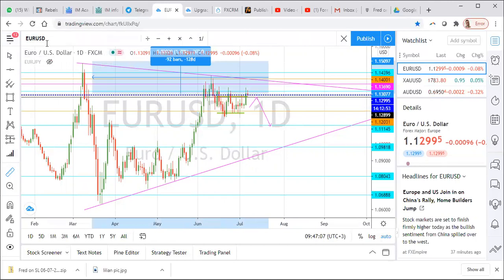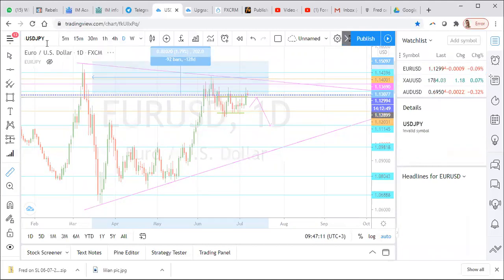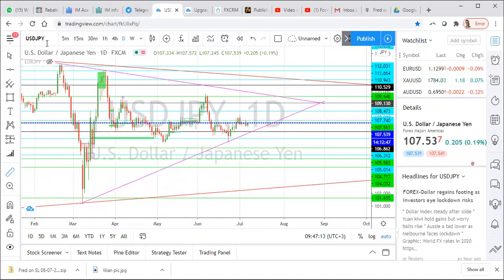So let's look at UJ. Yes, UJ. I like the way it's looking. Ranging market, and it's looking to test the previous high, although it's moving really slowly.